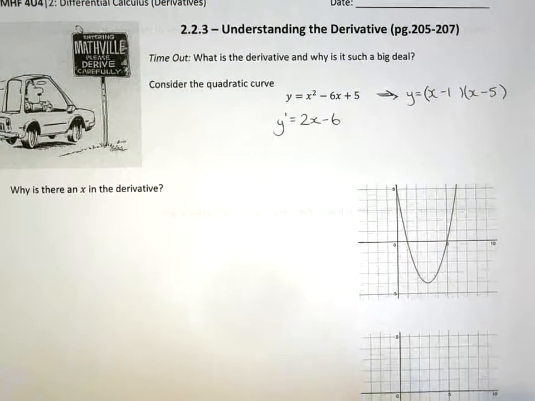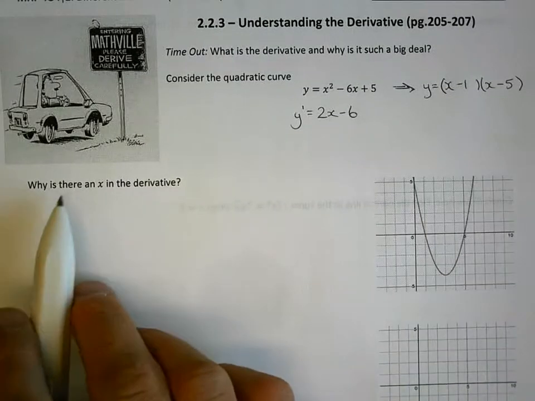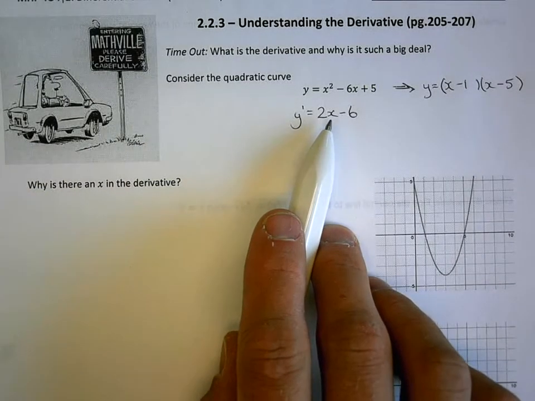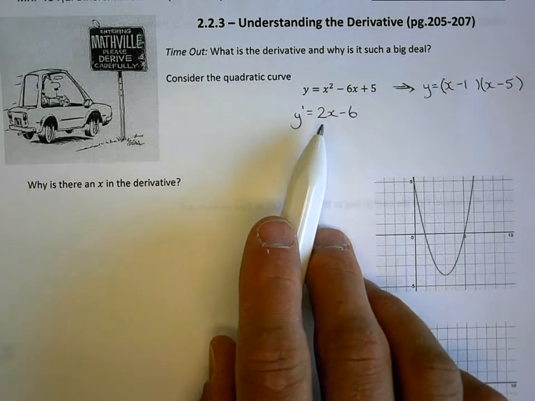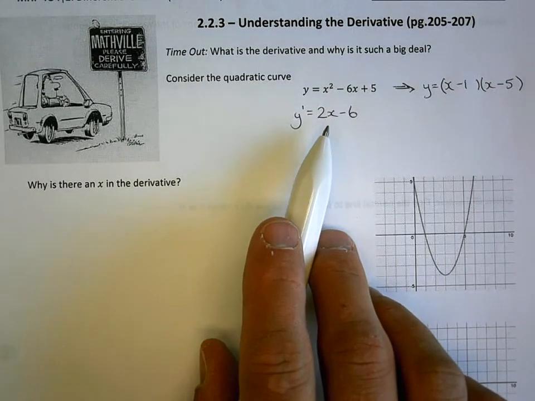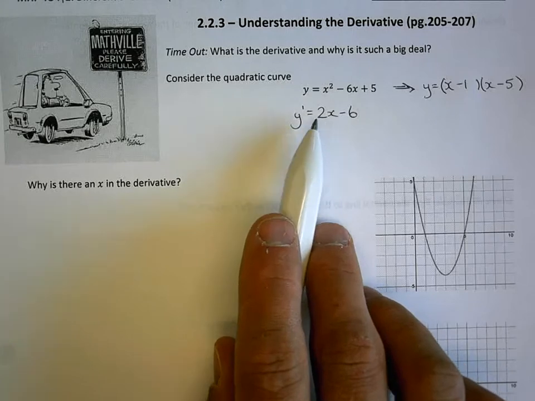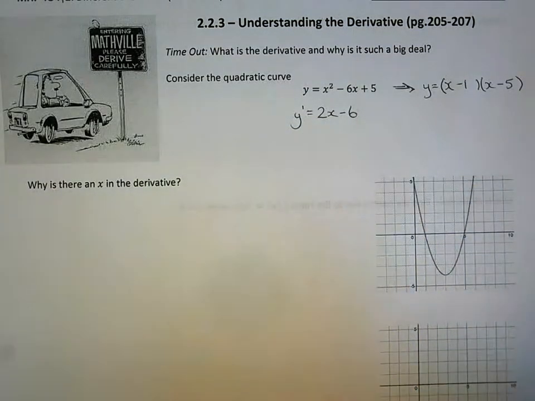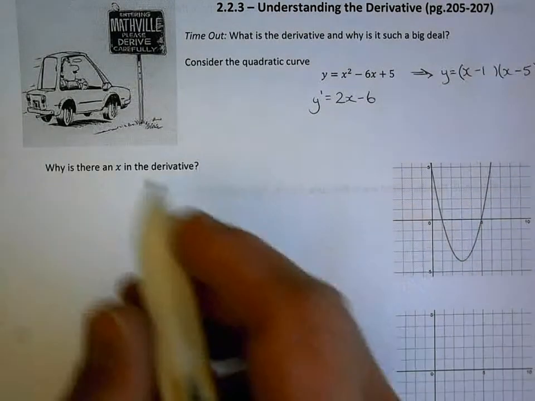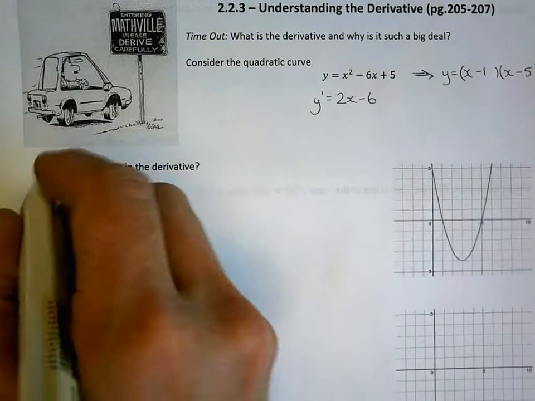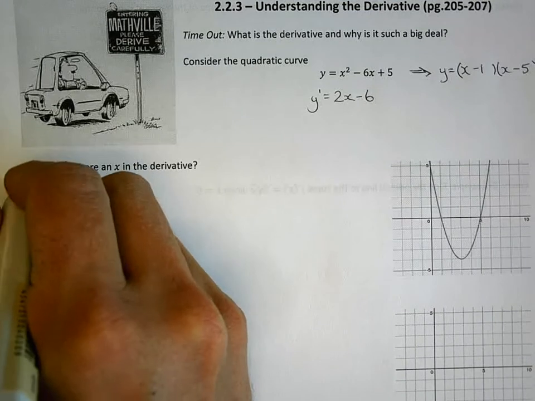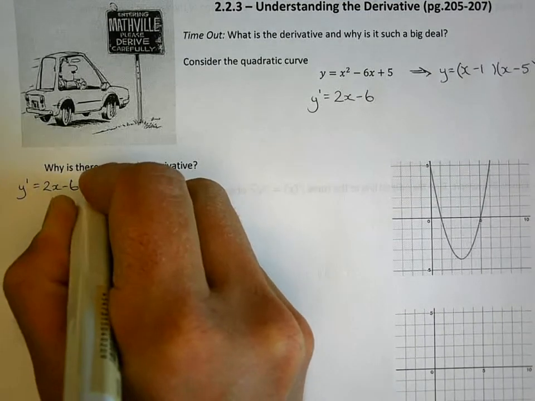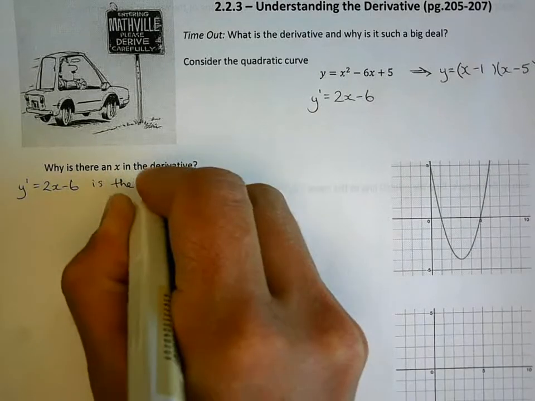Again, so what is the derivative? Or specifically, why is there an x in the derivative? Well, remember, the derivative is the slope of the curve. It's the slope of the tangent line. And the slope for this quadratic changes with every value of x. So let's write that: f prime equals 2x minus 6 is the derivative function.